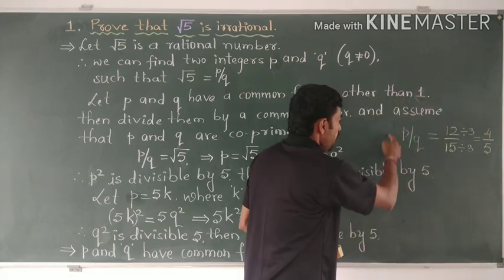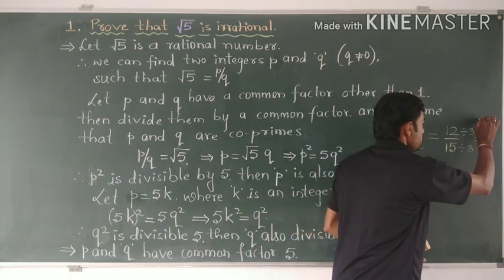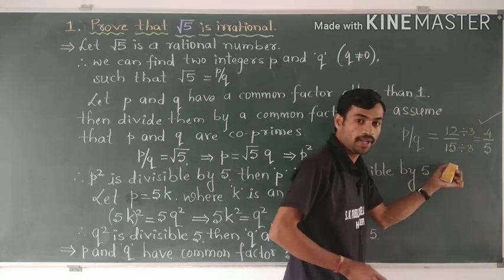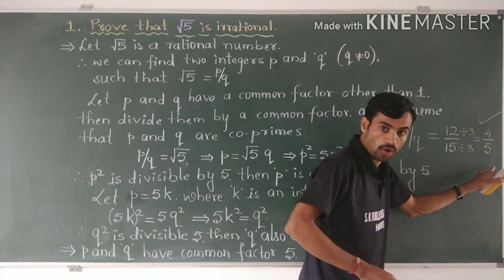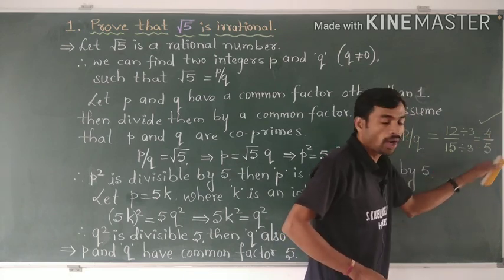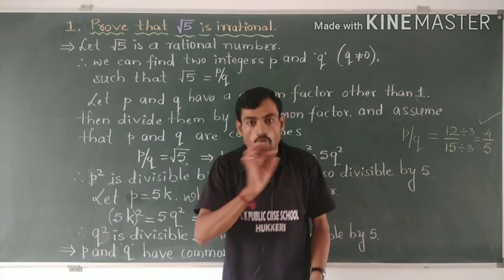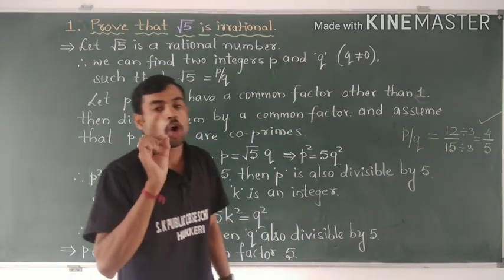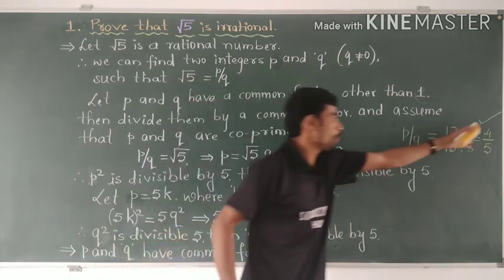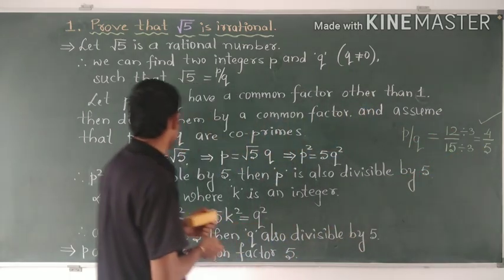So p by q can be expressed as 4 by 5. That is 12 by 15, its simplest form is 4 by 5. Here 4 and 5 do not have any common factor other than 1. So 4 by 5 we obtain.